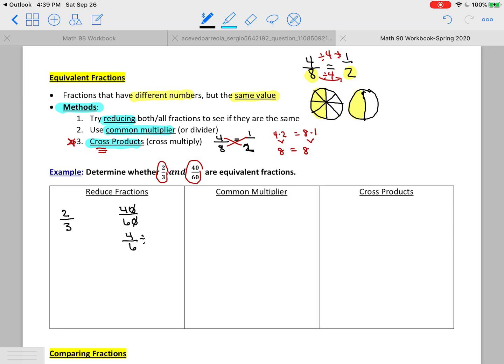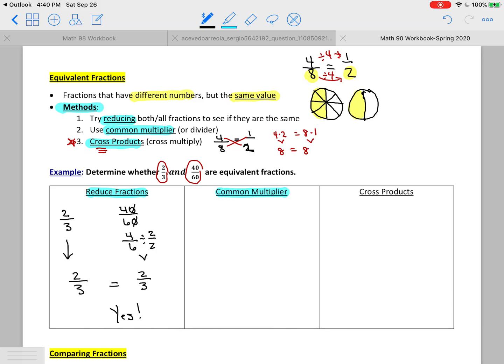Then we have 4/6, and that's not quite done yet. We have a common factor of 2, right? And that's going to give us 2/3. So in the end, 2/3 is definitely equal to 2/3. So we have proven, yes, these are equivalent fractions, and we used the idea of reducing those fractions down to prove that.